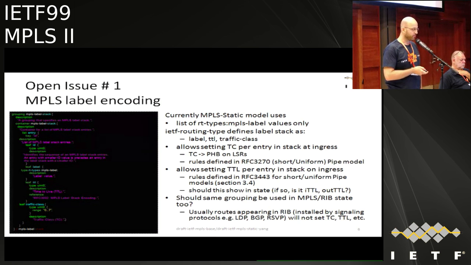I tried to go over that. I didn't see anything alarming, but if somebody thinks that specifying TTL in the label stack could cause routing loops, for example, please highlight that. Tarek, I don't think it can cause a loop, but I think it could cause a problem when it's looping.